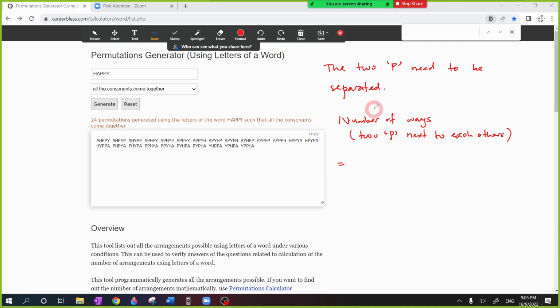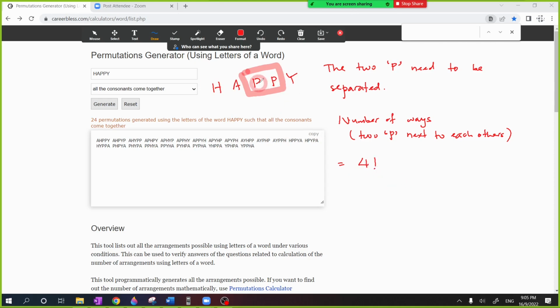Okay. So if we want these 2 Ps being together, now we have H, A, P, P, Y. So we consider these 2 Ps as one unit. And how many units can we arrange here? 1, 2, 3, 4. So it will be 4 factorial.